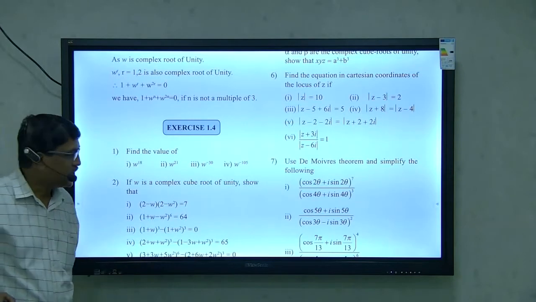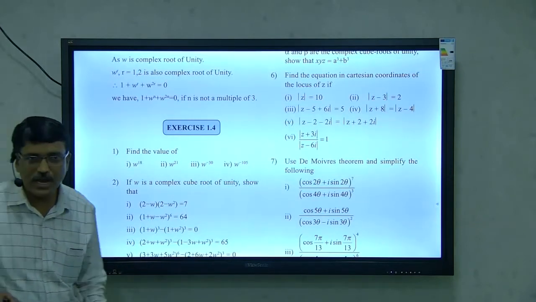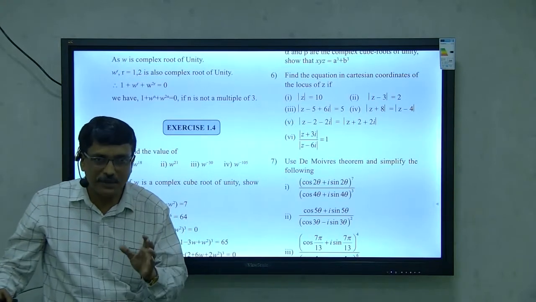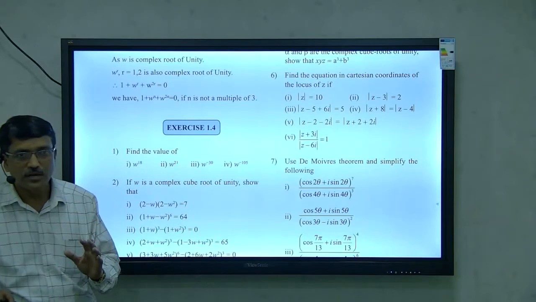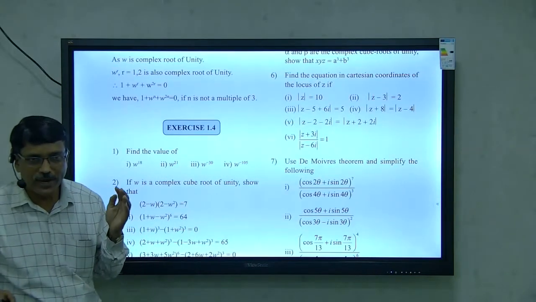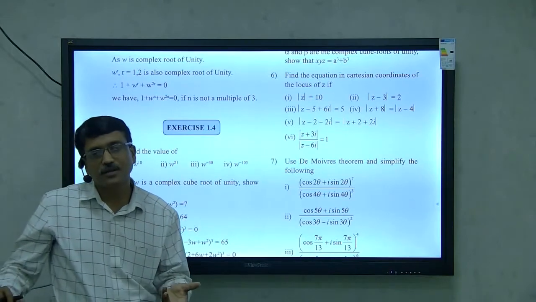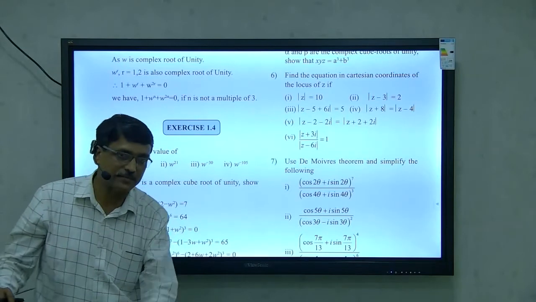Using properties. The most important property is powers of omega. If omega has a power that is a multiple of 3, we get its value 1. If omega has power 1 more than a multiple of 3, we have the value omega. If omega has power 2 more than a multiple of 3, it has value omega square.